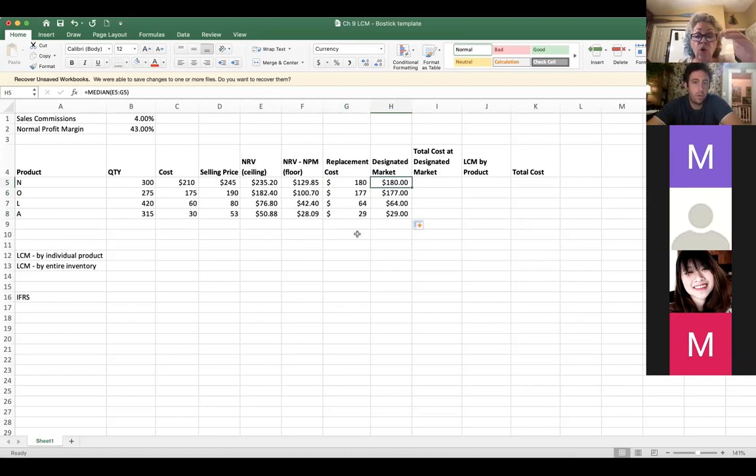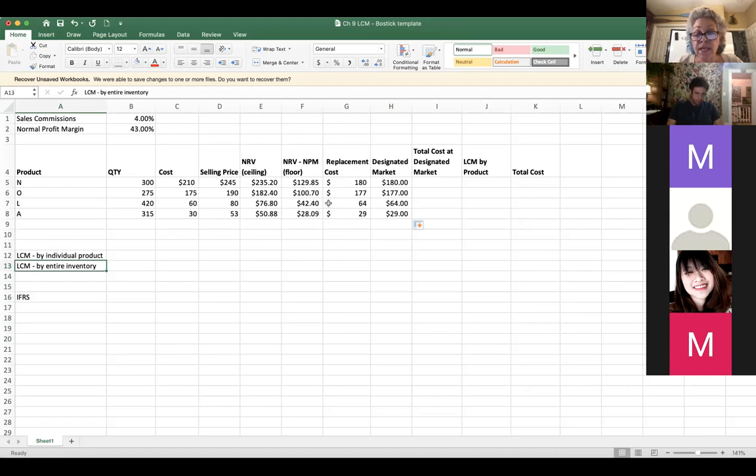Well, because the questions that I asked are, I want to know what would be reported on the balance sheet if I did this by individual product or I did it by individual total. So I'm going to have to multiply these by the quantity.